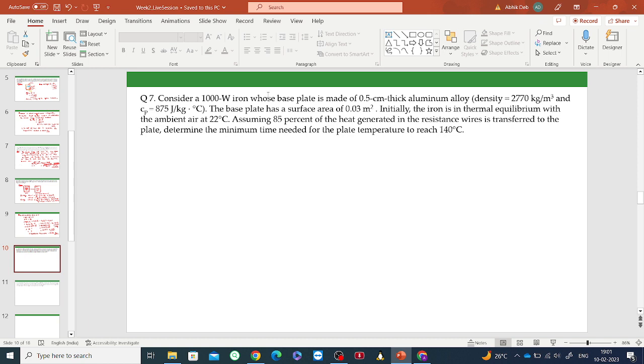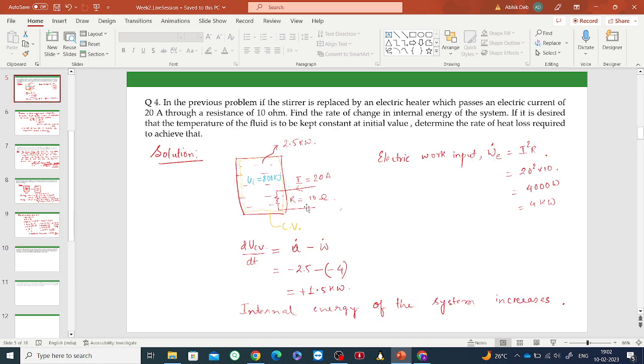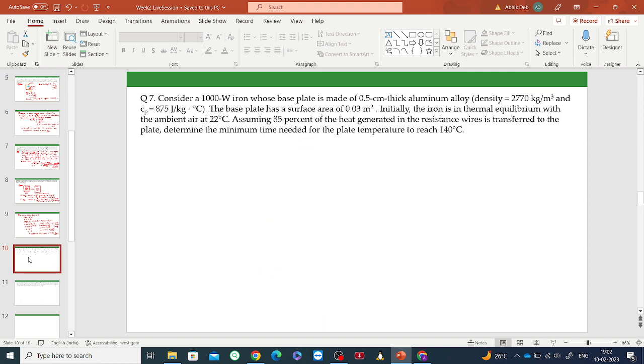Why this 85%? The iron is also a kind of resistance heating that we discussed earlier. If you have ever opened up an iron and seen, this is also a kind of resistance heating. So some of the heat that the resistance wire is generating, a fraction of this 1000 watt might not be available for the iron base plate.